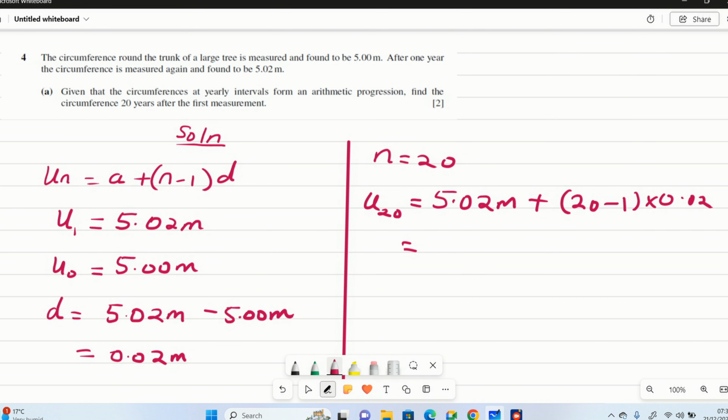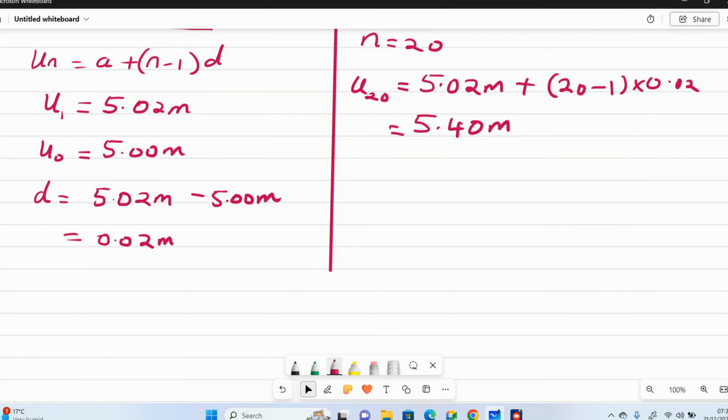Let me prove it using my calculator here. So that is 5.02 plus 19 times 0.02. So it's giving us 5.40 meters. Good.